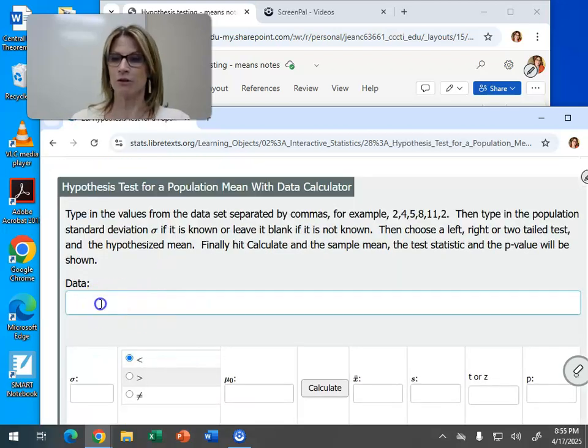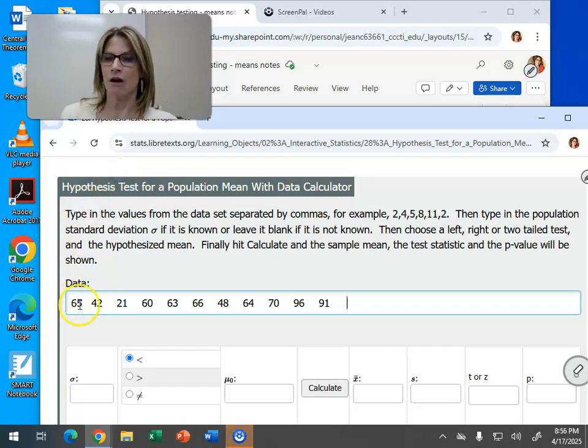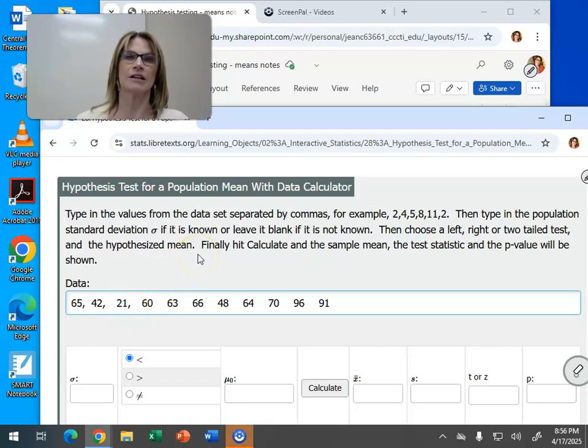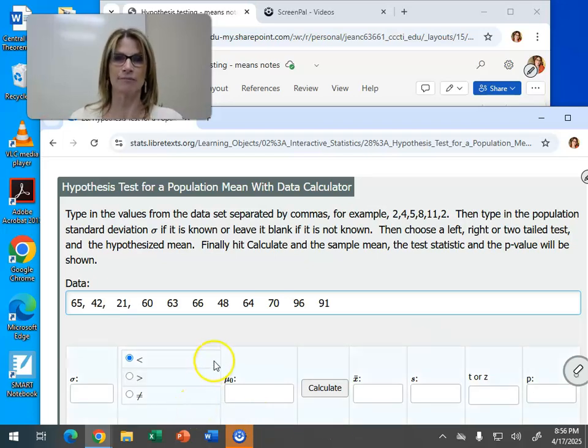And you would just go through and enter your numbers, although you would have to put commas in between each one of these, and then find your mean and standard deviation and do your test. So it would be just like the other test that we've been doing.